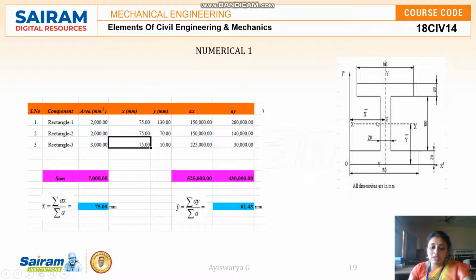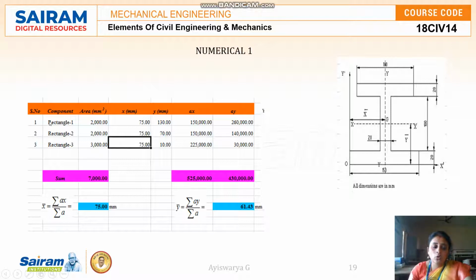Okay, so I always prefer my students to take a tabular column format, right? Or if you don't want, you can even use the simple formulas. So the first one is you need to write the final formula, that is x bar is summation of ax by summation of a, where a is the whole area, and y bar is summation of ay by summation of a.